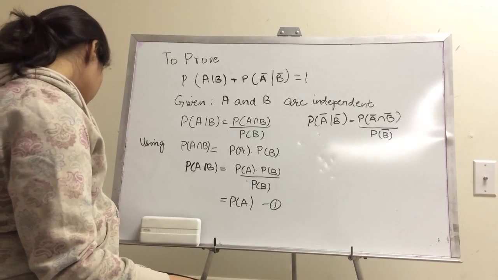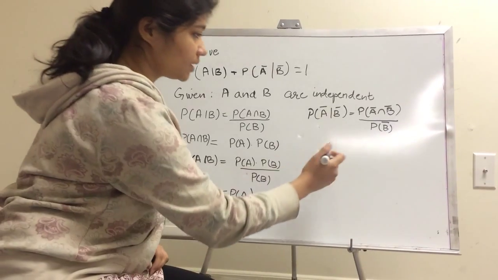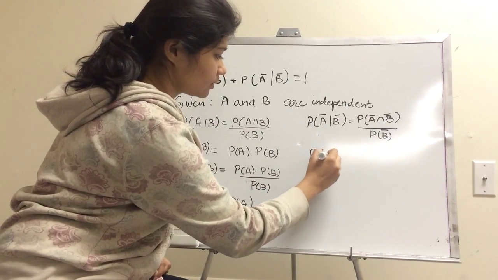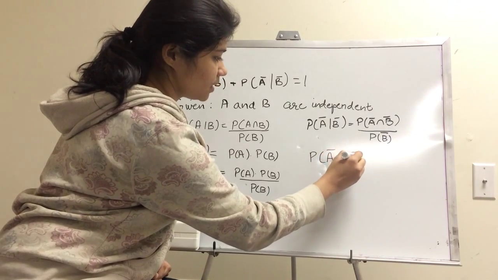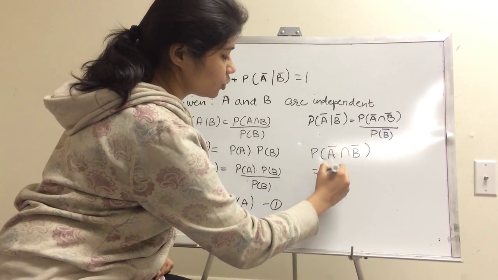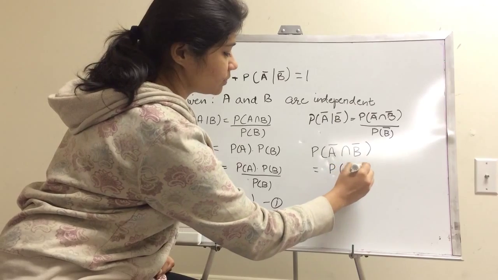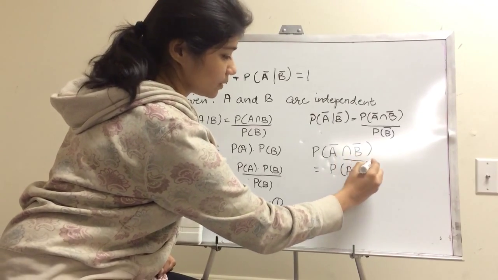Now, we know that probability of A bar intersection B bar is equal to probability of A union B whole bar.